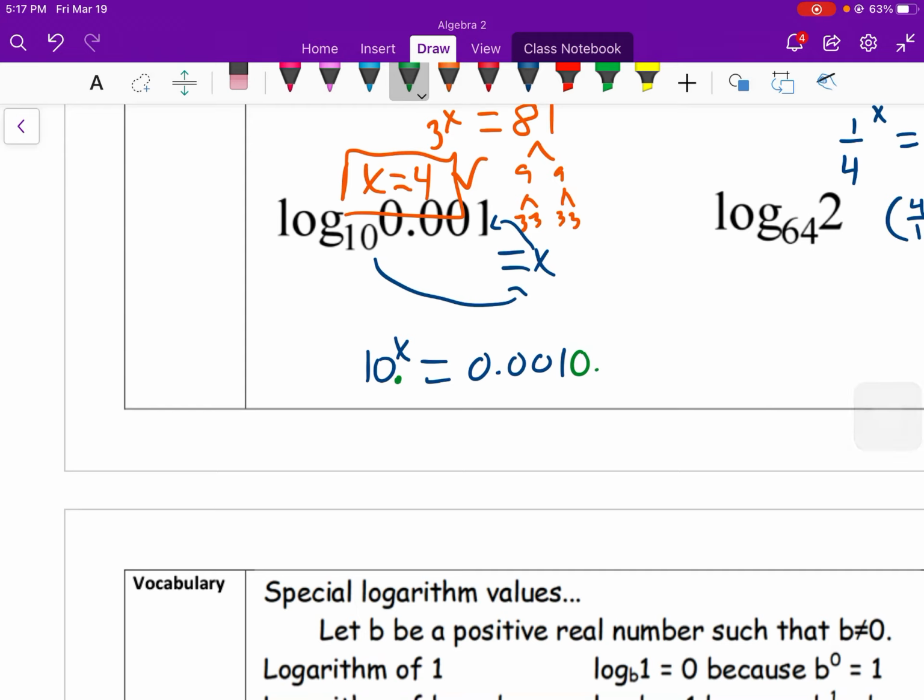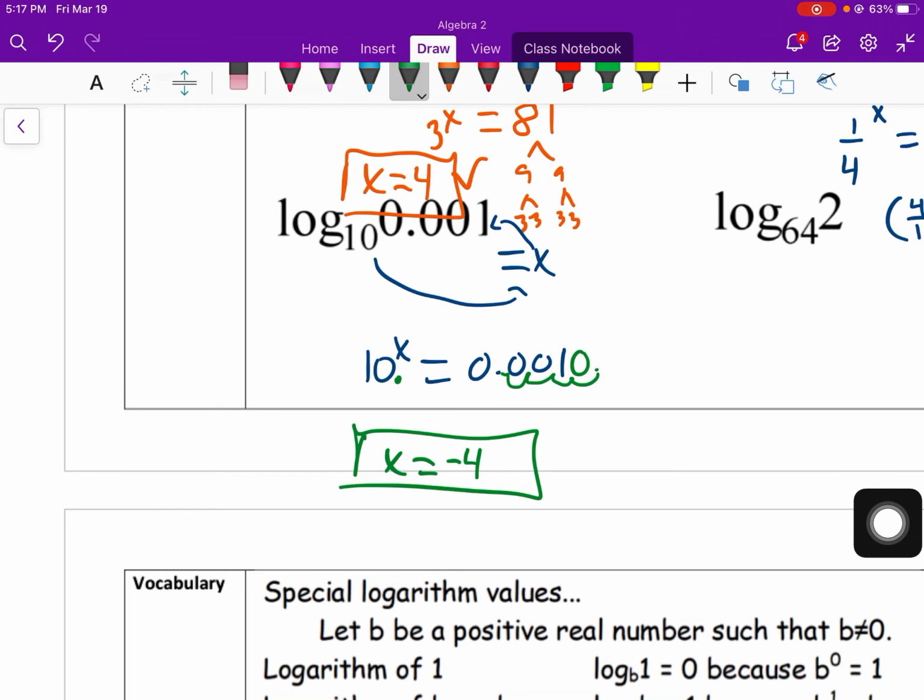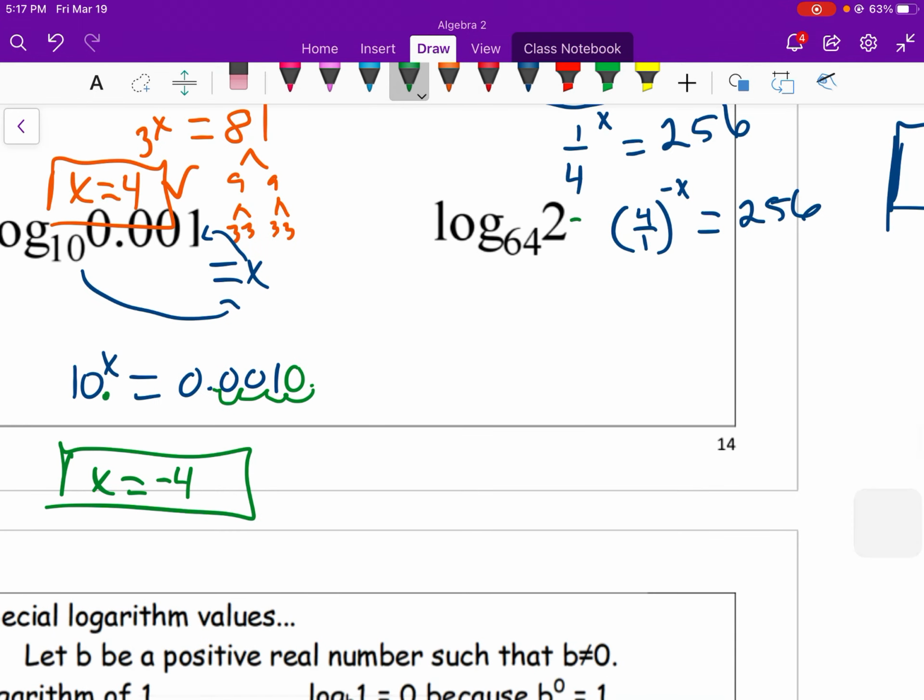So it goes back 1, 2, 3, 4 times. If it goes to the left, then x is a negative 4. Also, let's also notice, if it's a negative, it would be the reciprocal. So that'd be 1 over 10 to the 4th. And you could see that it would be a fraction. It's less than 1 here. So I hope some of these things are clear.